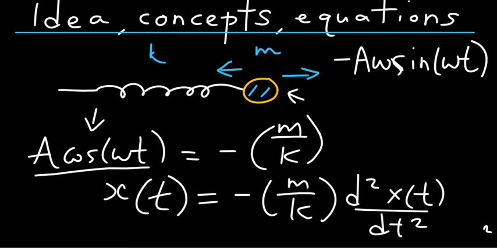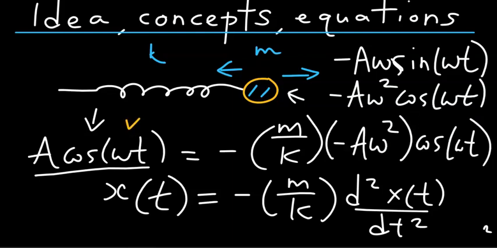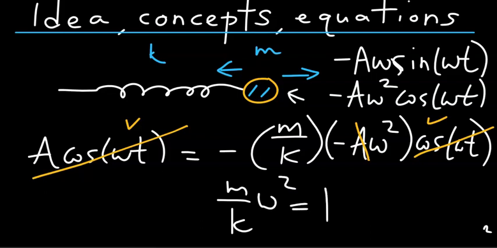And when you differentiate again with respect to time, you get minus a omega squared cosine omega t, which can be put in here. Now comparing the left-hand side and the right-hand side, you can cancel cosine omega t, and you see that you end up with m over k omega squared equals 1.